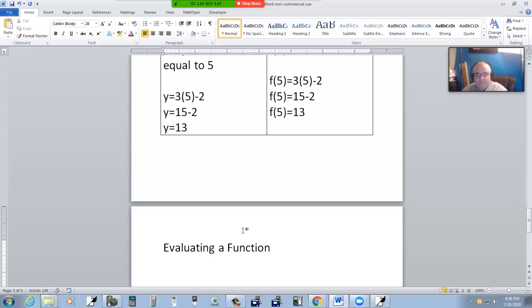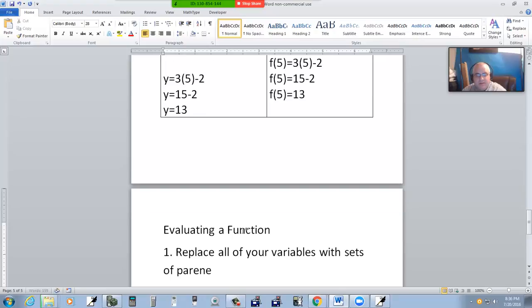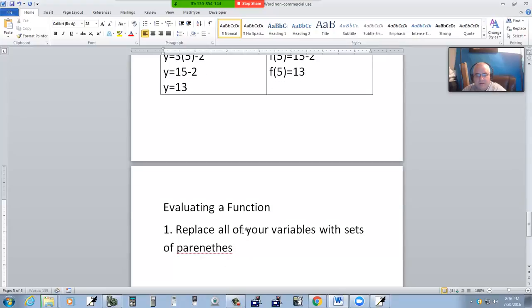Evaluating a function. Step 1. Replace all of your variables with sets of parentheses. By the way, if you notice the red appears underneath the words there, that tells me I spelled a word wrong.